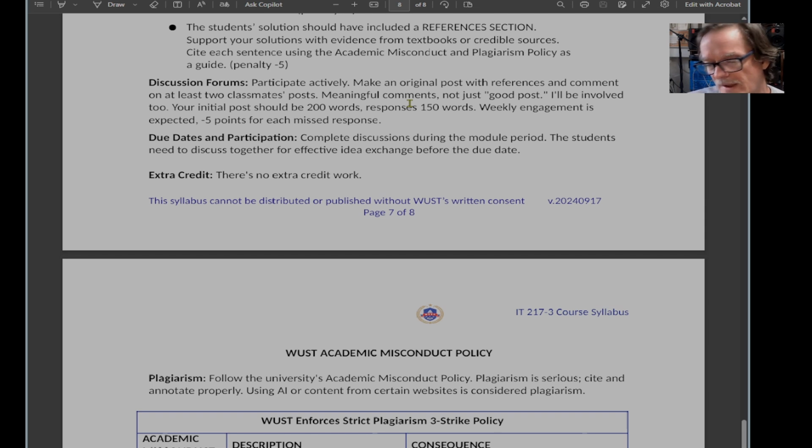To get a little more value out of that process, what I require in every reply is that you ask thoughtful questions about the post you're replying to. You don't just say, good post. You ask thoughtful questions, or you make thoughtful recommendations on how that student could make their post better. So it's not about an argument or about ego. It's just, here's some tips on how it could be better.